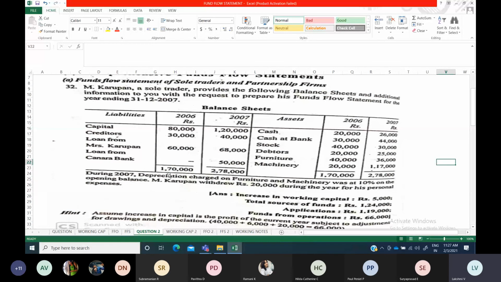If not given, just by looking you will come to a conclusion. So 40,000 to 36,000, it has got reduced, so they have sold. 20,000 to 1,17,000, so they have purchased. Like that you can come to a conclusion. But if depreciation is there, compulsorily you have to prepare that account. So let us discuss how to prepare that account and then the fund flow statement, everything.